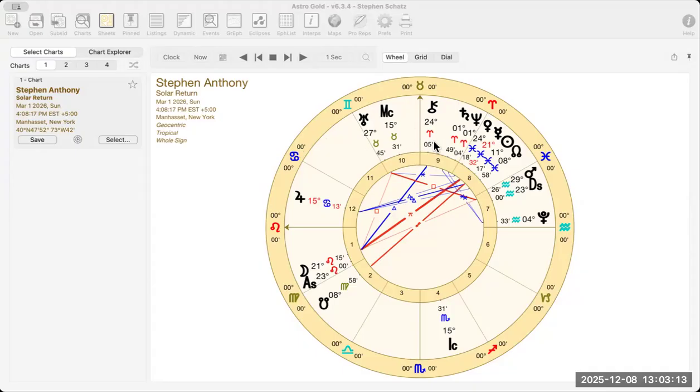No. So the sun doesn't have any dignity at all. And I'm going to stop my share. I'm going to share this chart, what I'm looking at for you. So this is the essential dignity card.